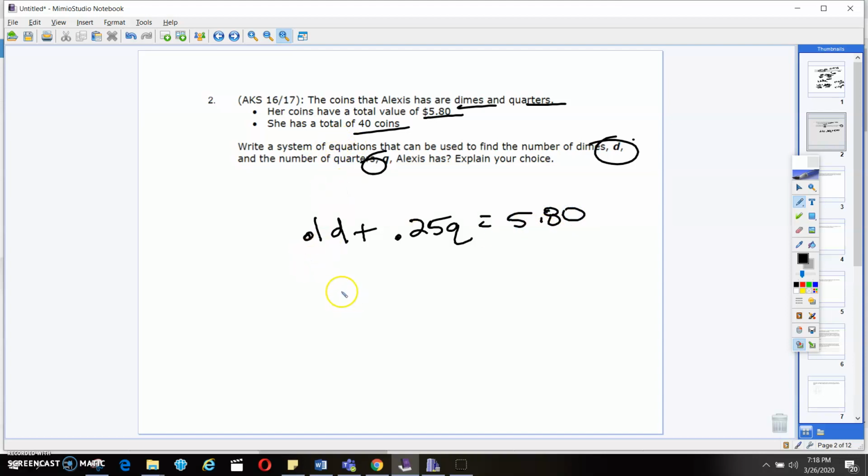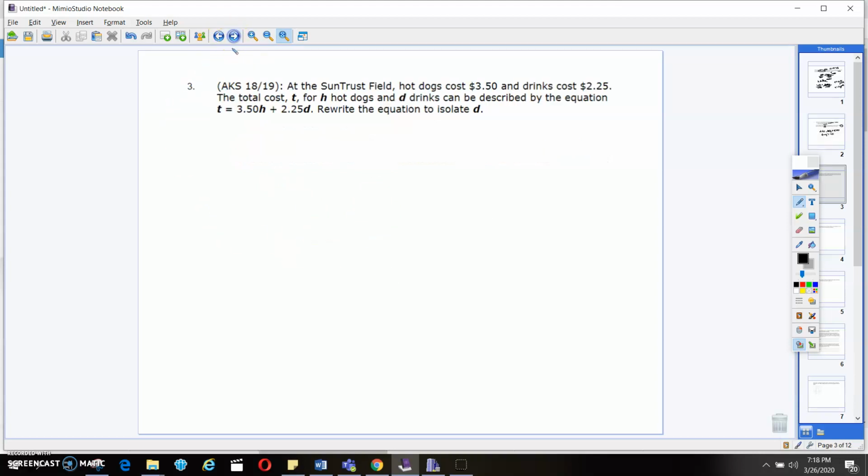So then for our other equation, we're going to have the number of dimes plus the number of quarters, and we're going to set it equal to 50, because that's the number of coins that we have. I could use these to solve for Q or D, but it just tells me to write a system.